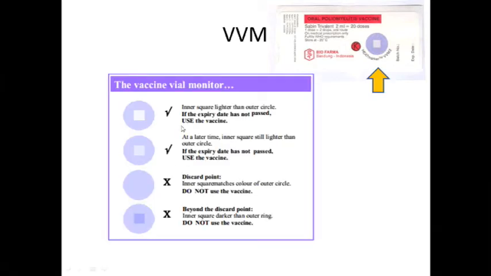So once it is opened, it has to be kept between +2 degrees centigrade to +8 degrees centigrade. We have to be careful that we cannot keep this particular vaccine frozen or subjected to heat, because if we do not maintain this, the potency of the vaccine is going to be affected. The capability of the vaccine to produce antibodies is going to be affected.